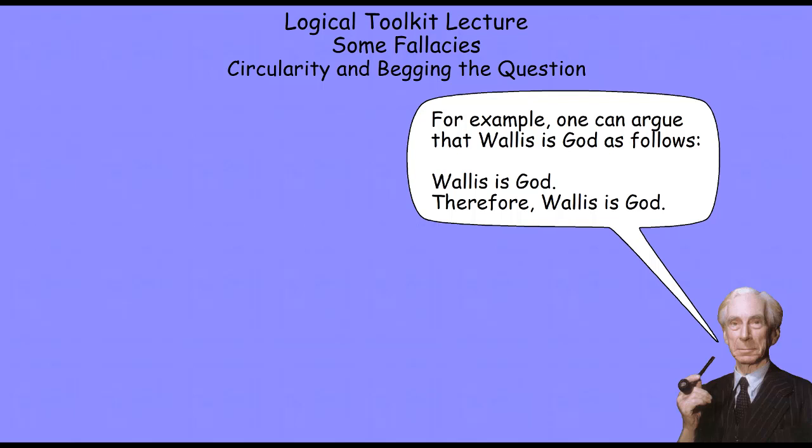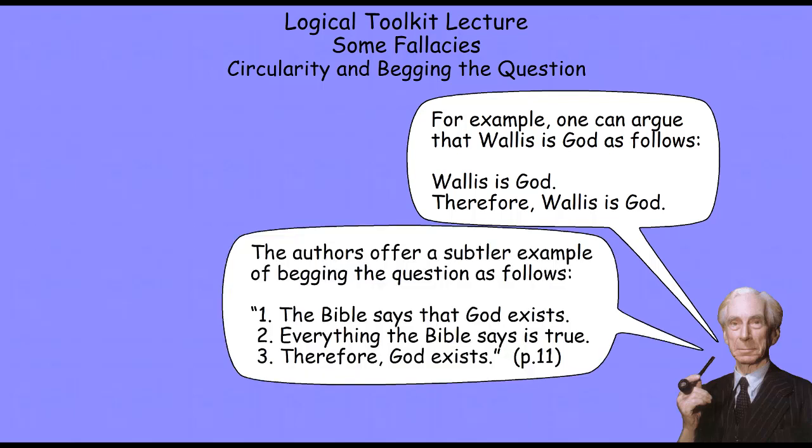It's just the assertion of a statement in the premise and in the conclusion. But of course, begging the question, even cases of circularity, can be much more subtle and sophisticated. Our authors give us a more subtle example of begging the question on page 11. So they say, the Bible says that God exists. Everything the Bible says is true, therefore God exists.